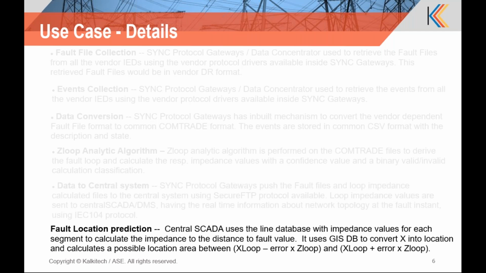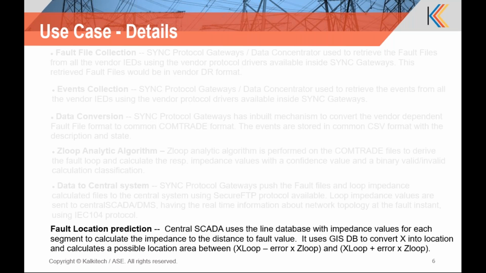Then fault location prediction: central SCADA uses an impedance value for each segment of the distribution line, and it uses a GIS database to convert the impedance value provided. This loop impedance, Z, is calculated from the feeder point, plus or minus the permitted error limit.